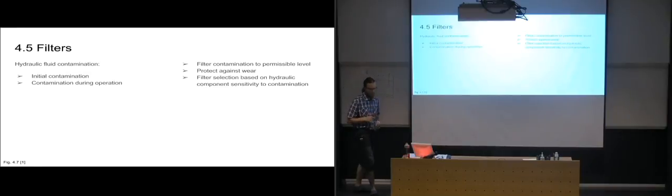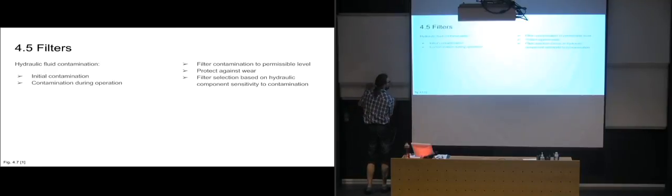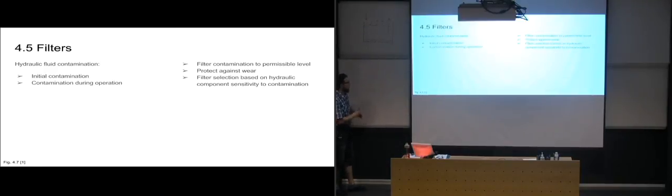Because even though you have, for an example, a cylinder with a piston, there is usually some sort of scraper ring that's placed here, which goes around the shaft of the piston, so that when the piston is retracted into the cylinder, it's going to scrape dirt from the shaft of the piston.